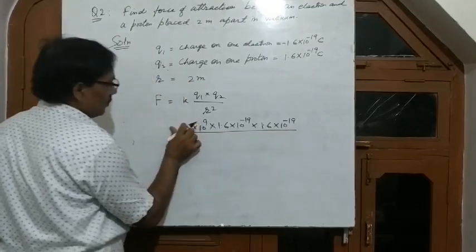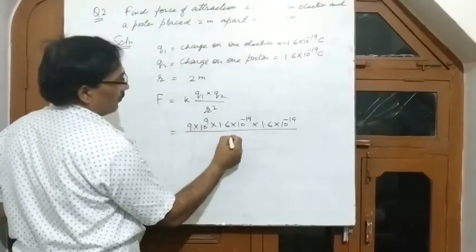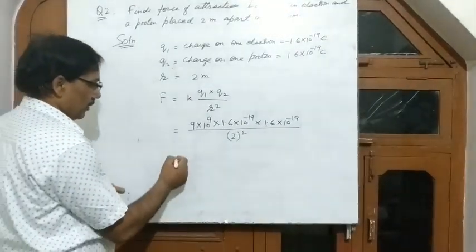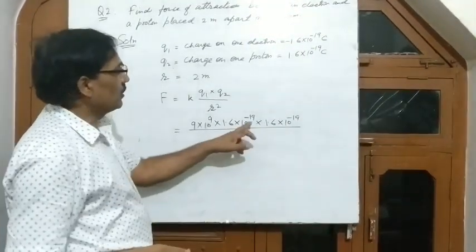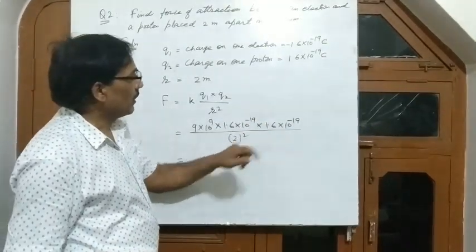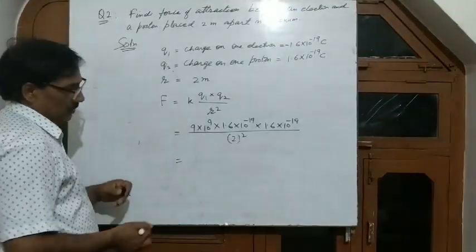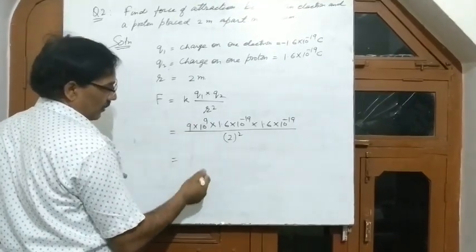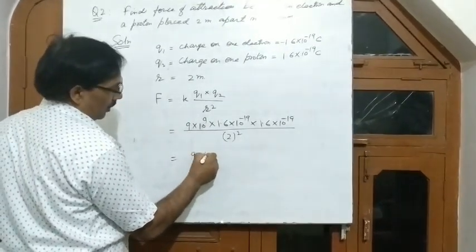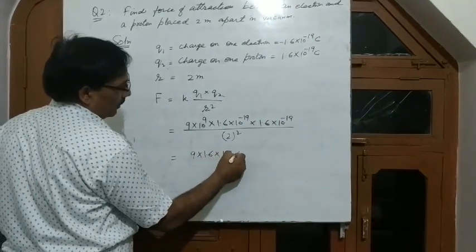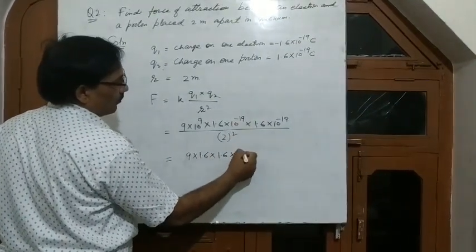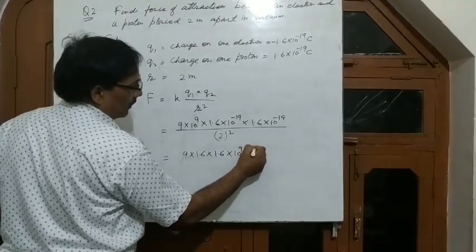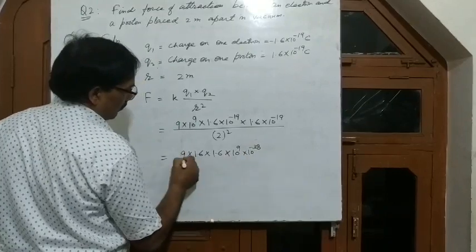And R is equal to 2 meters, so we will square 2. Now here you have minus 19 and minus 19 giving minus 38, and this is plus 9. So we will have 9 into 1.6 into 1.6 into 10 power 9 into 10 power minus 38 by 4.